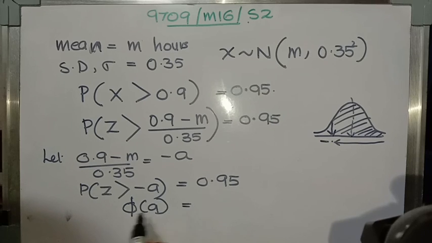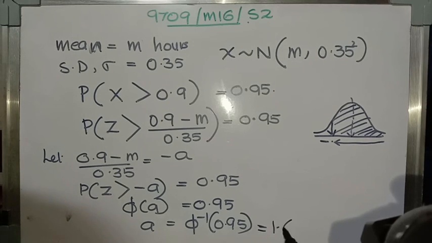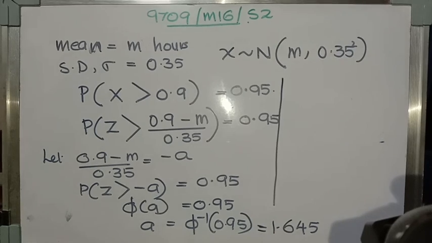So we get phi of a is 0.95, or a is phi inverse of 0.95, which is 1.645 approximately. So we get the value of a as 1.645.